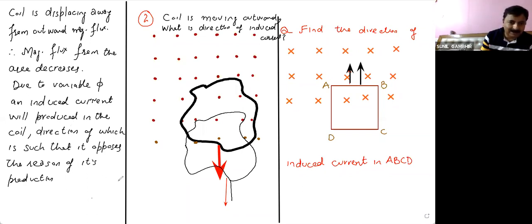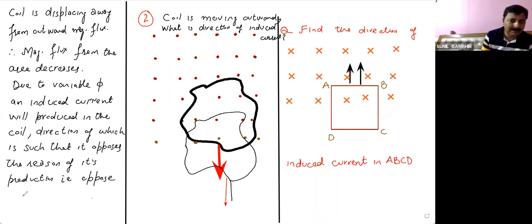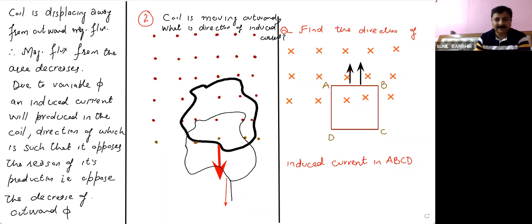It opposes the reason of its production, that is, oppose the decrease of outward magnetic flux.